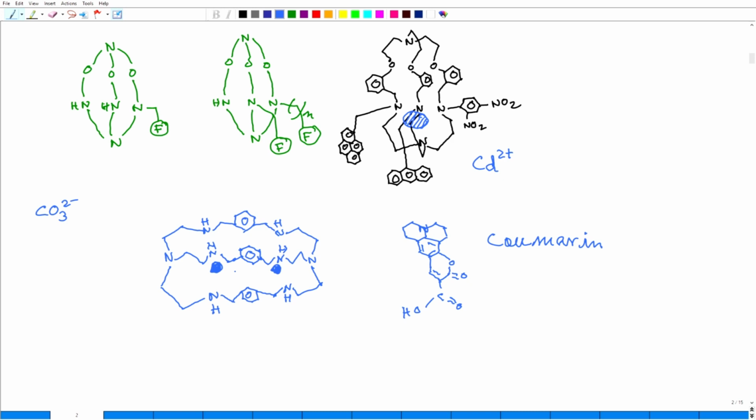So, this coumarin binds to this carboxylate. The coumarin derivative is called coumarin 343, I believe.